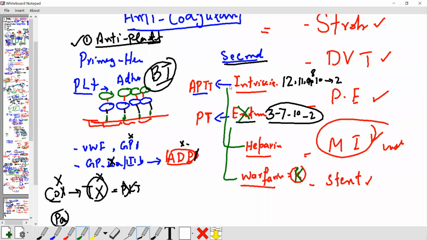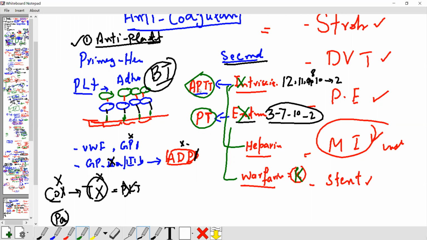Heparin blocks the intrinsic pathway. So if you're using heparin, you must measure the patient's APTT. If you're using warfarin, you must measure the patient's prothrombin. There must be check and balance. If you're using too much heparin or warfarin, you must control the clotting profile also.